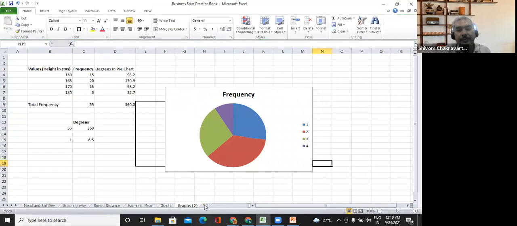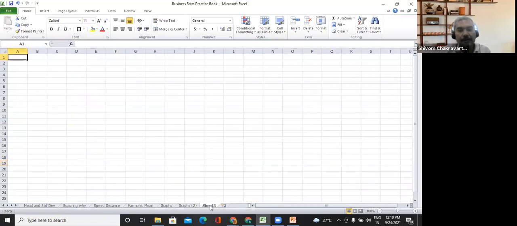Okay, so now coming to the box plot. For a box plot, we need to understand a few things first. Suppose we are again given data of the number of trees in your garden.